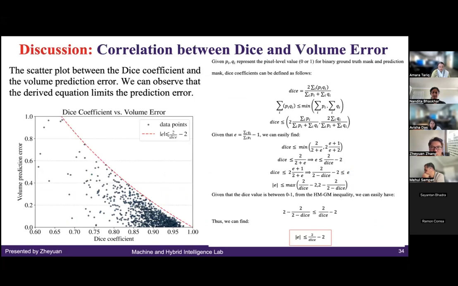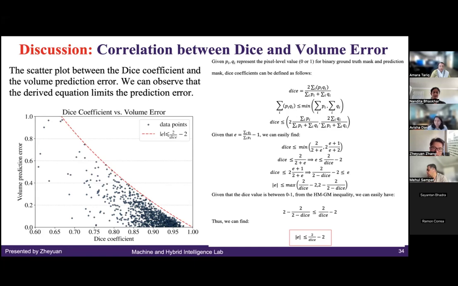Here we also derive the correlation between the dice coefficient and volume prediction errors. In the past, most segmentation methods gave evaluation only on the dice coefficient. But for more clinical studies, clinical doctors care more about the volume prediction error. Through some mathematical derivation, through the HME, GME inequalities, we can derive the correlation between the volume prediction error and the dice coefficient.